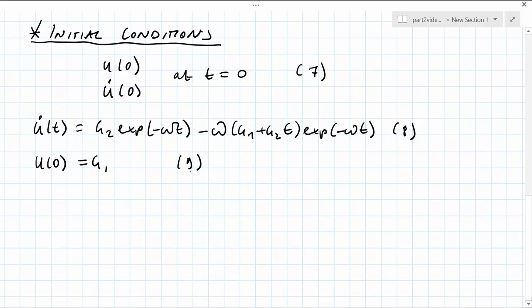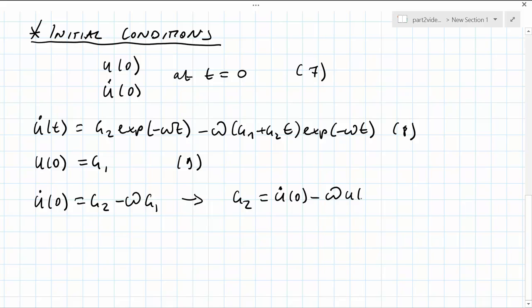And then using equation 7 in equation 8, we can see that u dot naught is equal to g2 minus omega g1. So we can then say that g2 is equal to u dot naught plus omega u naught.